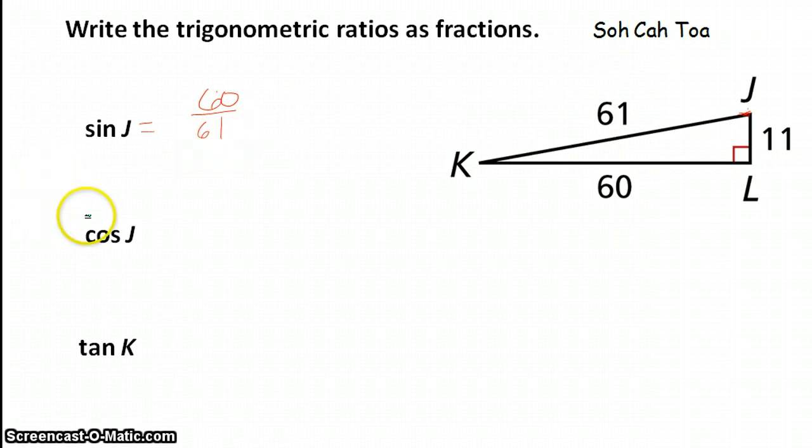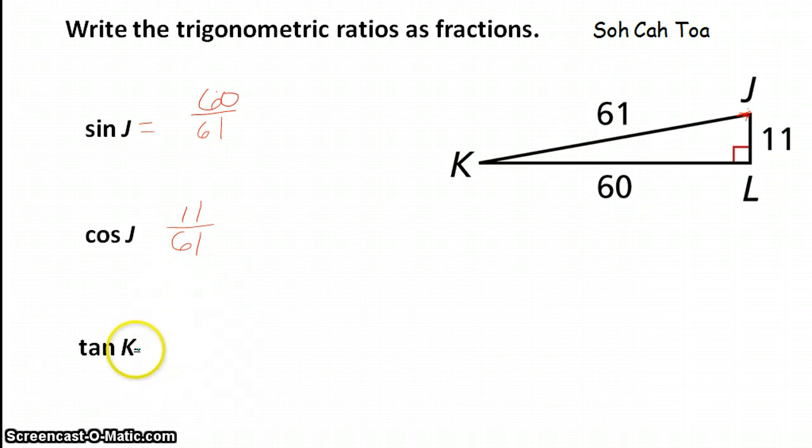Now let's do the cosine of angle J. I'm going to highlight angle J. If we go back up here, cosine is the side adjacent over the hypotenuse. So the side adjacent would be 11 over the hypotenuse, which we just found in sine of J, which is 61.